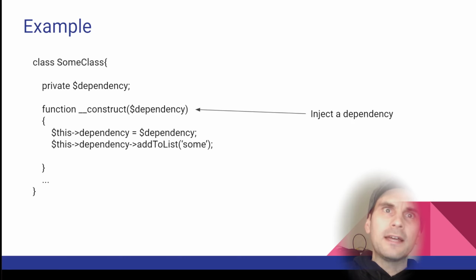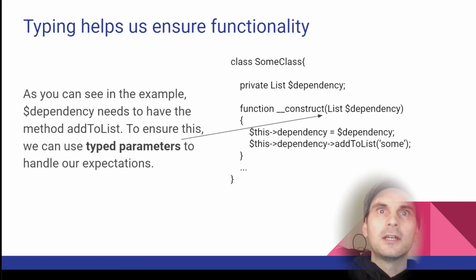Now, that of course would make you wonder, well, what if dependency doesn't have the method add to list? So in order to ensure that we accept the right kind of functionality, we can use type parameters in Java, PHP, most languages that allow typing.